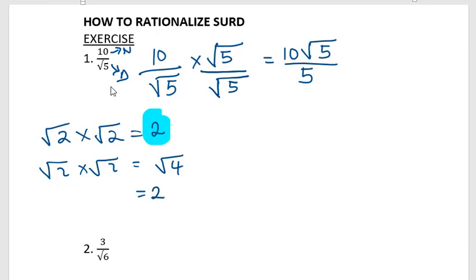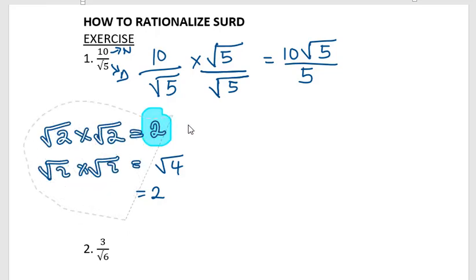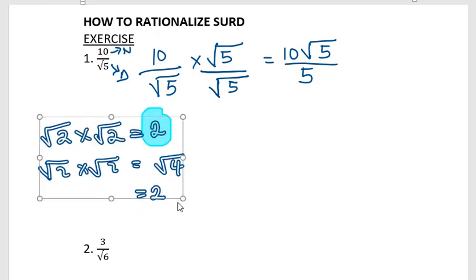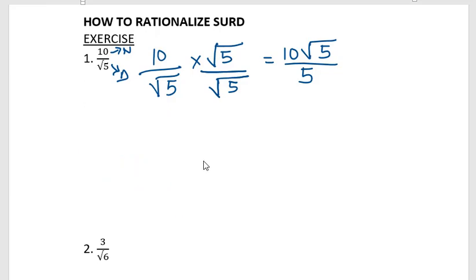It is 2. So instead of us going through this process of multiplying and figuring this out, let's just know that whenever you have the same surd multiplied, the answer is the single number without a surd. So because of that, surd 7 multiplied by surd 7 is simply 7. Let's not think about that too much.